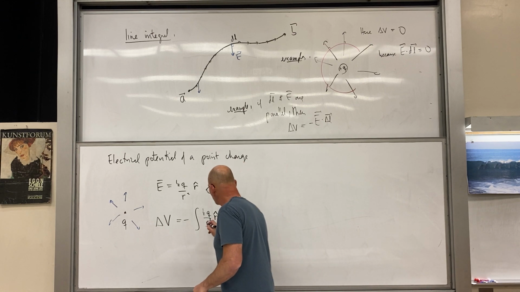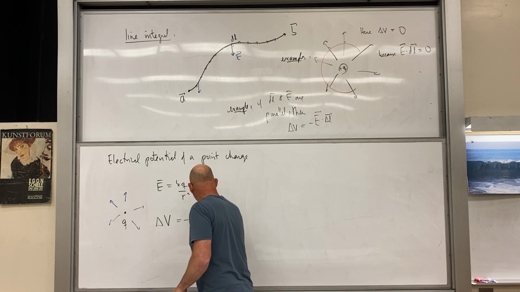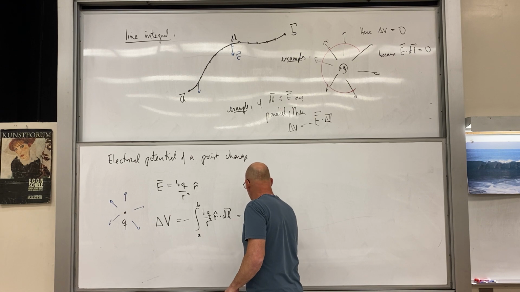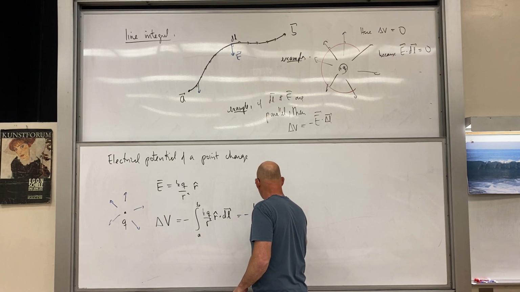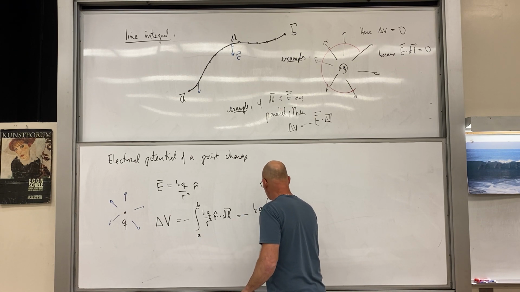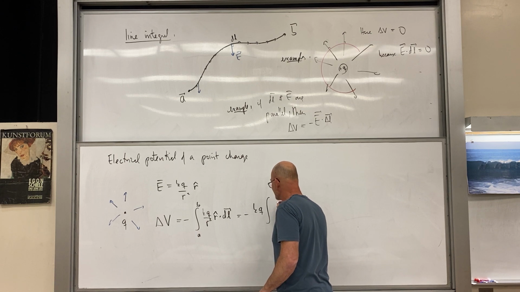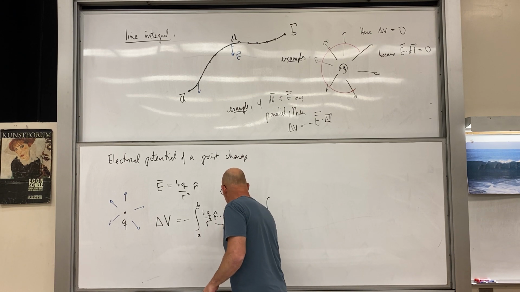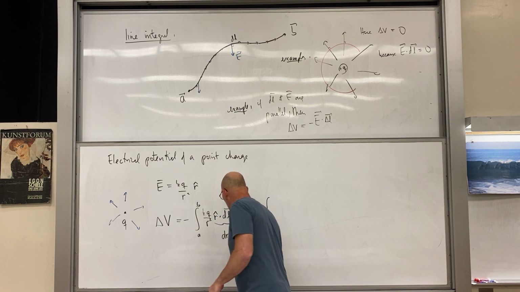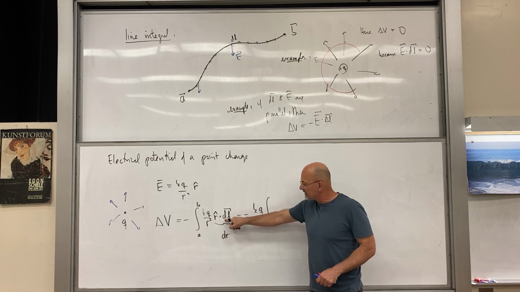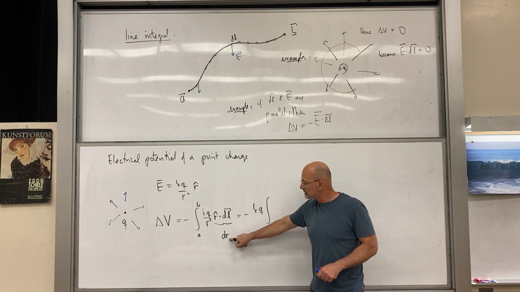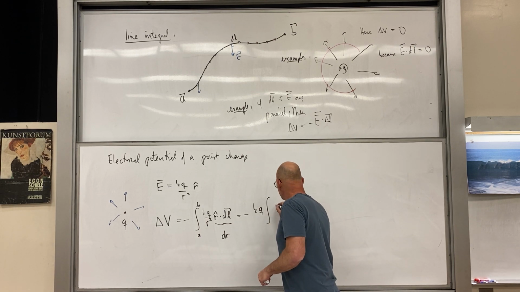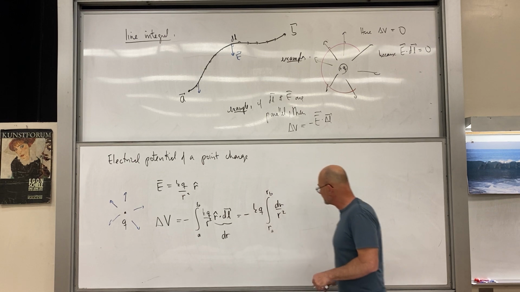So this turns into, let's go ahead and write A to B, minus KQ integral, and this just turns into dr. Scalar product is a scalar, only dr, the radial component, matters. So we have dr over r squared, with a minus sign, from r sub a to r sub b.